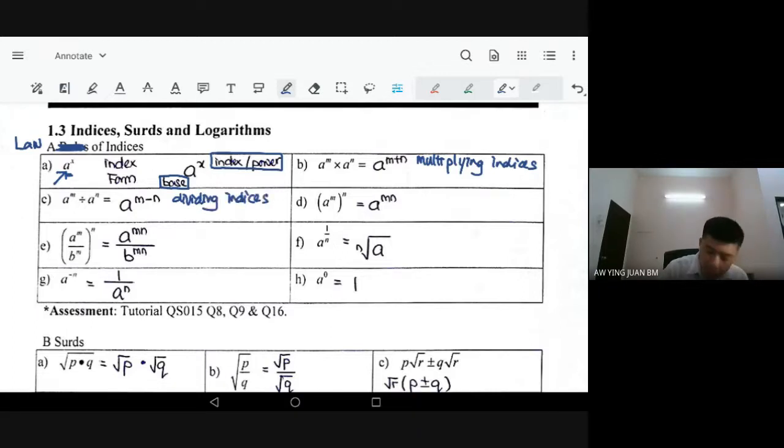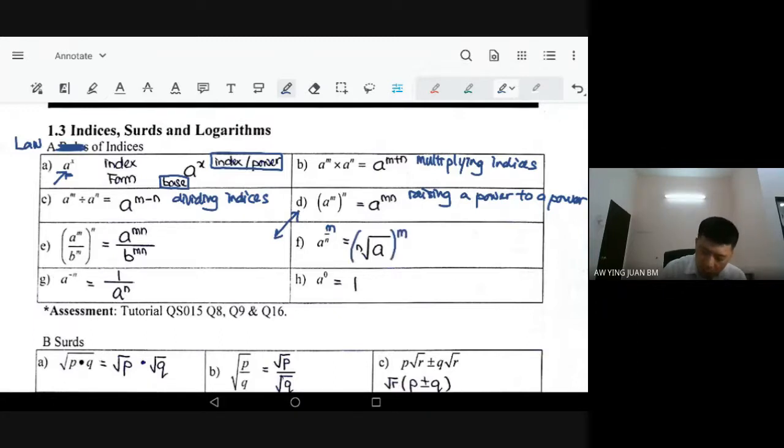And then raising a power to a power. Ini law dia. D and E is the same category. And then for F, kindly add on the one outer, jadi M.